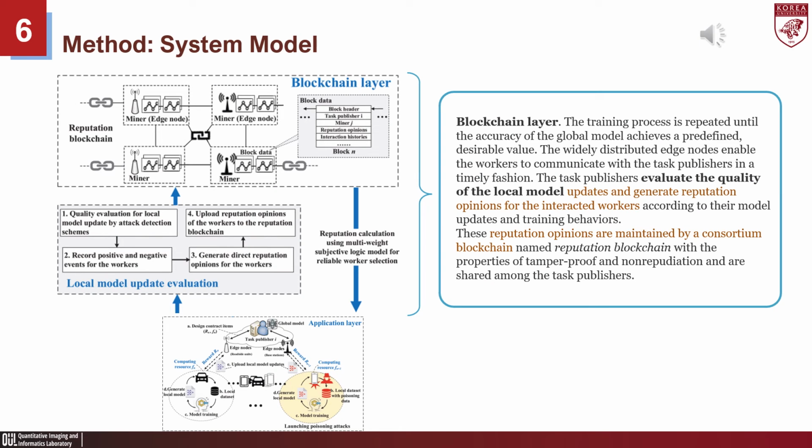In the blockchain layer, the training process is repeated until the accuracy of the global model achieves a predefined desirable value. The widely distributed edge nodes enable the workers to communicate with the task publishers in a timely fashion. The task publisher evaluates the quality of the local model updates and generates the reputation opinions for the interacted workers according to their model updates and training behaviors.